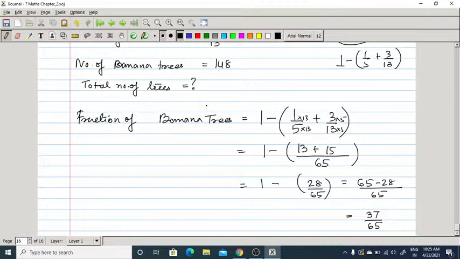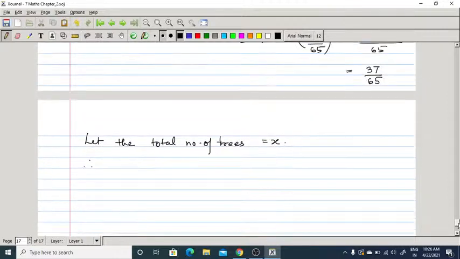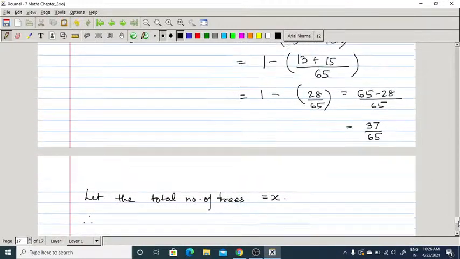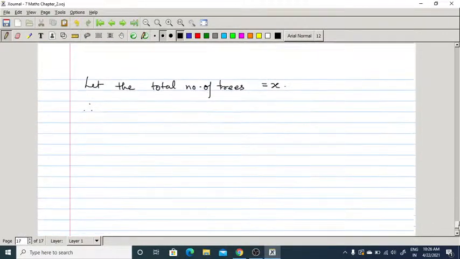So now you have to find out the total number of trees. The same process. Let the total number of trees be x. Therefore, what is the fraction of banana trees? 37 by 65, and this one is 148.